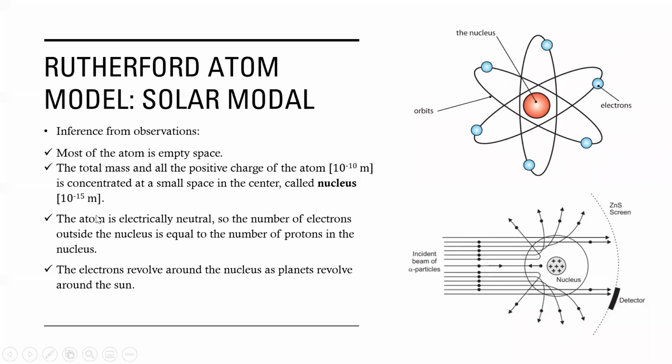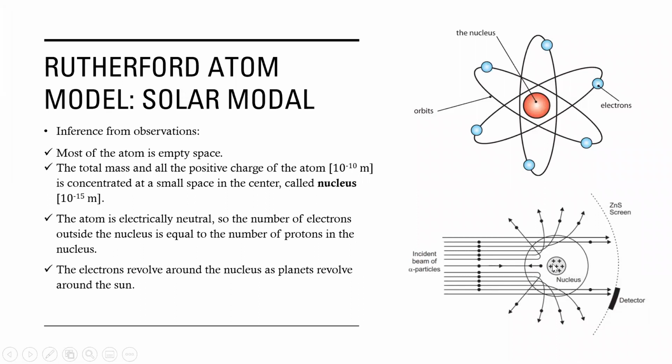Then he saw that some of them deviated, right? So he assumed that the total mass and all the positive charge of the atom is concentrated in a small space in the center called the nucleus. Why did he think like that? Very few only got reflected back or got deflected. They must have deflected when they passed near a positive charge or a heavy mass.